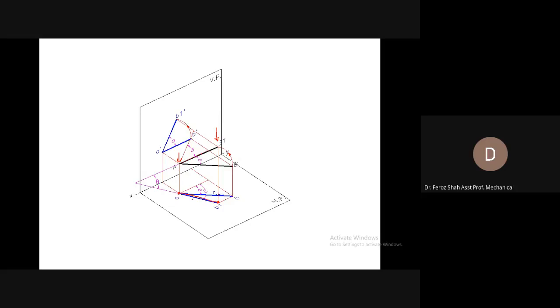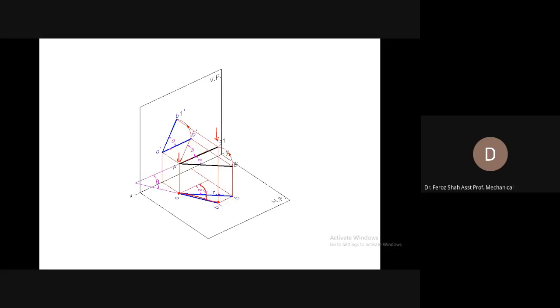The top view has decreased in length, and also the angle that the top view is making with the XY reference line has increased from phi to beta, which is called the apparent angle.